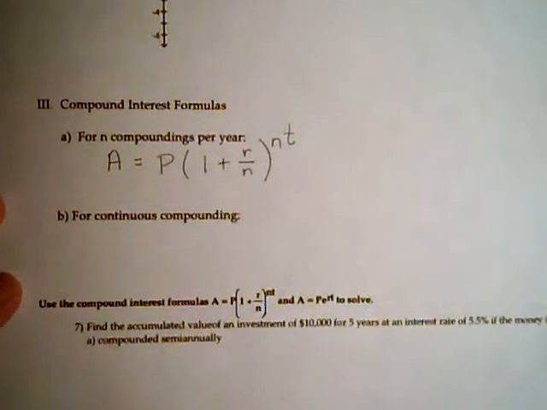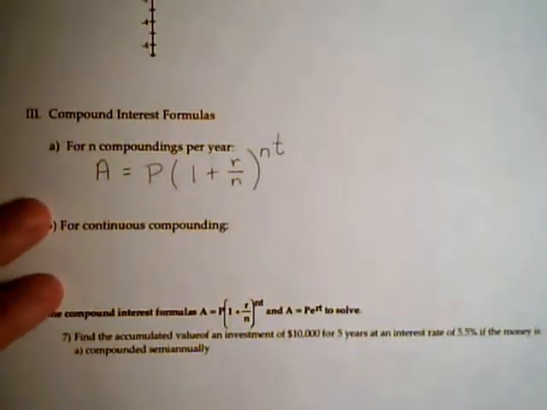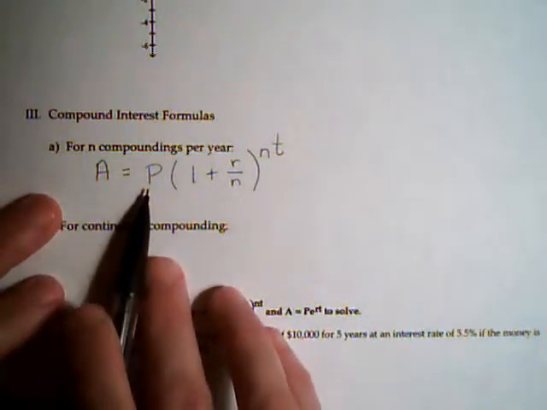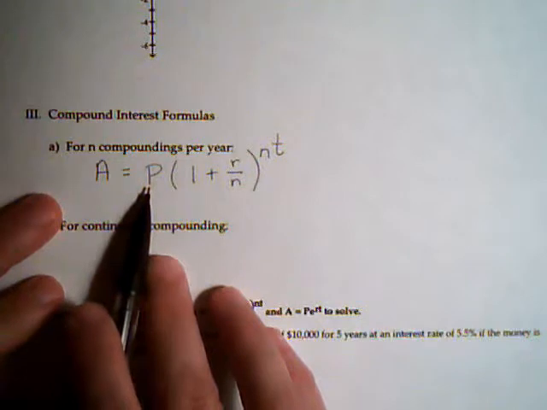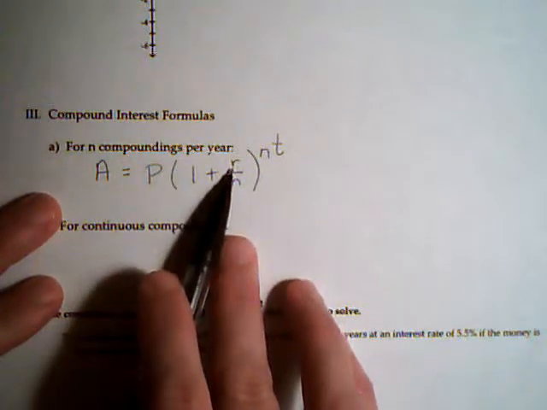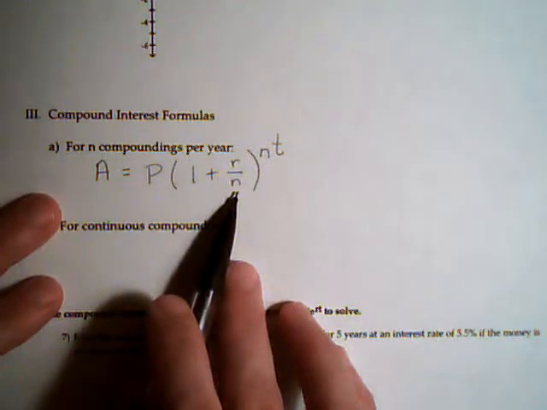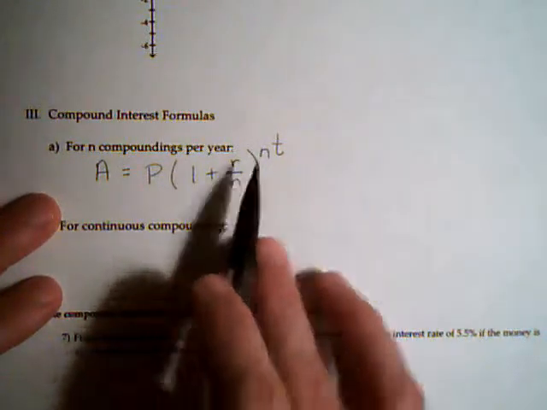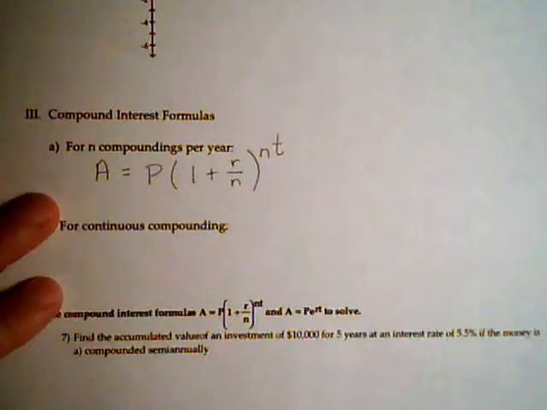All those variables, of course, have different values. A is the account balance. P is your principal amount that you begin with. R is your rate. N is the number of times per year that the interest is compounded. And then T is your time.